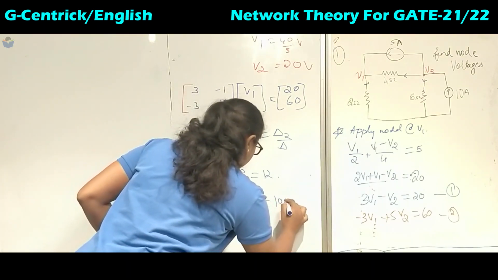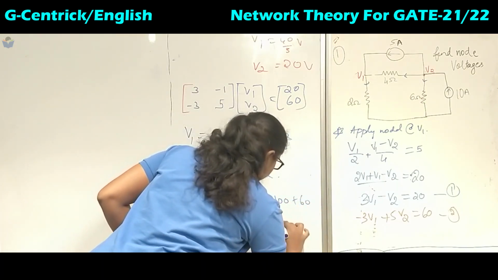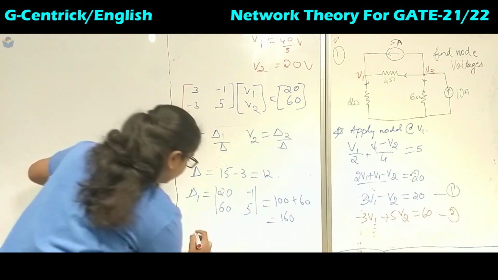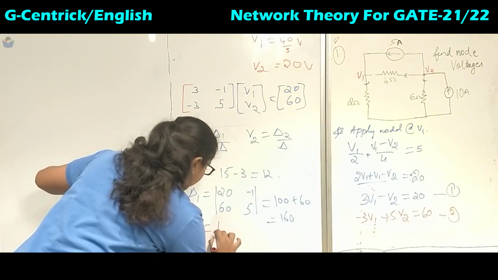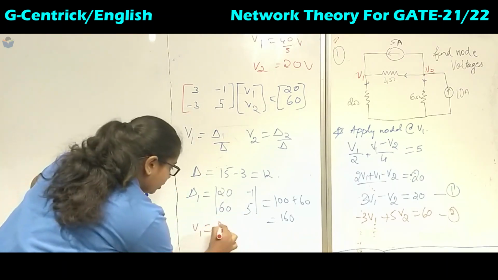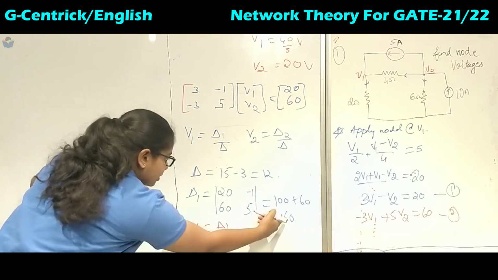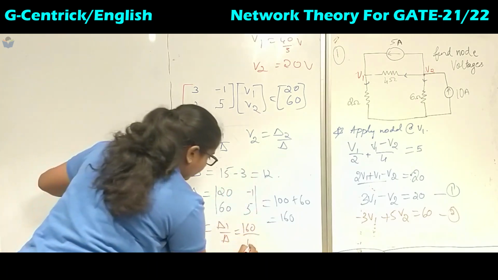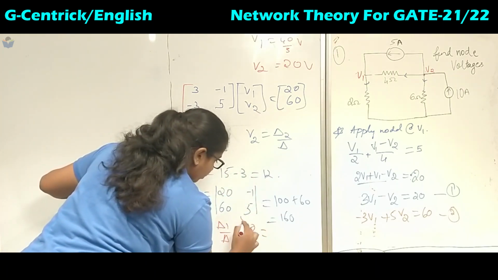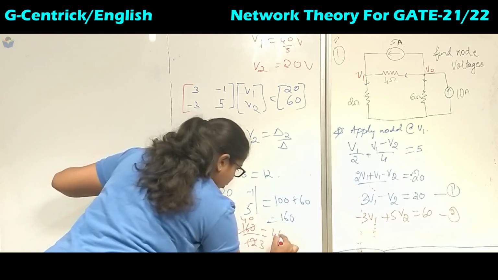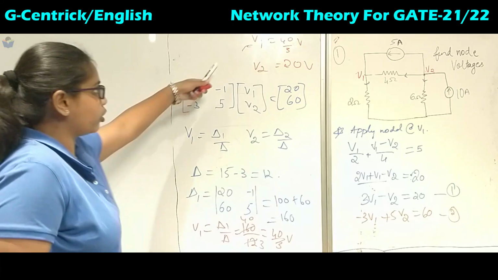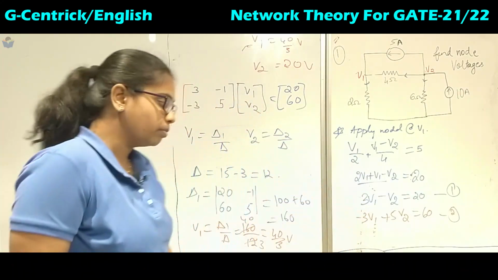It's 100 plus 60, which is equal to 160. Now the value of V1 will be nothing but del 1 upon del. Del 1 is 160 and the determinant we have got is 12. So it is nothing but 4s and 3s, so 40 by 3 volts. It is the same as what we got from the elimination method.